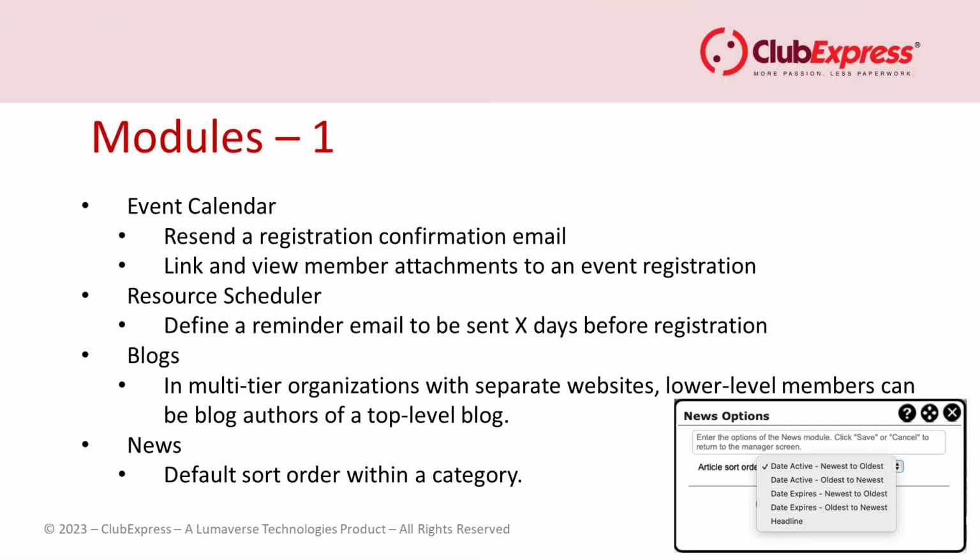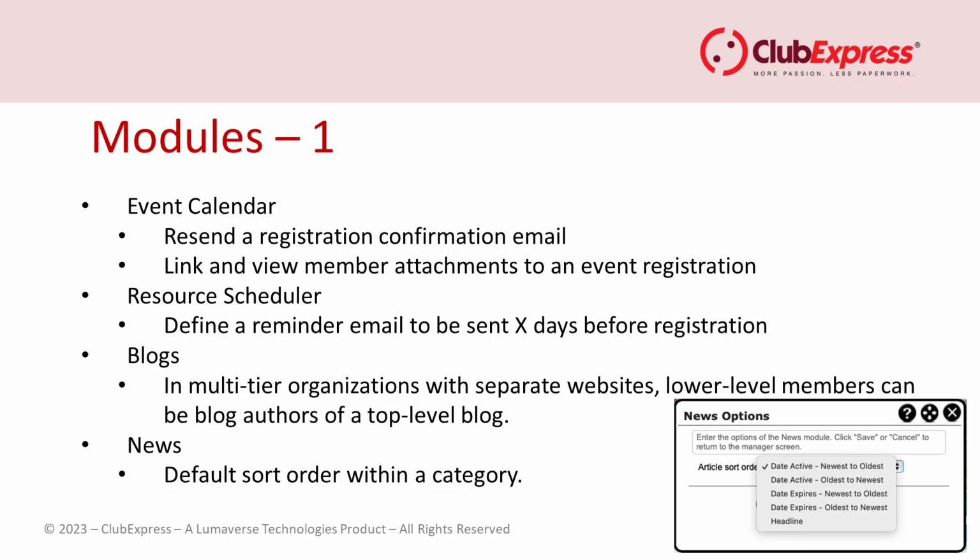Okay. In the blogs module, I won't actually show this one. It's fairly esoteric. We have a number of organizations that are multi-tier organizations where you have a top level with its own website, and then you have independent chapters below the top level that have their own website, their own membership database.